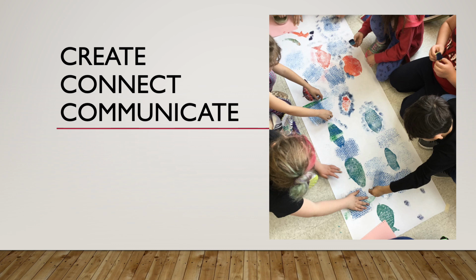They are creating artwork in most of the activities that we talked about. They are making connections, sometimes to literacy, sometimes to science, sometimes to the environment, sometimes to their world around them, sometimes to social studies. And you need to give them time to communicate their ideas.